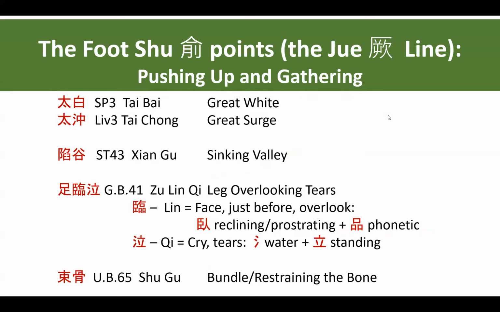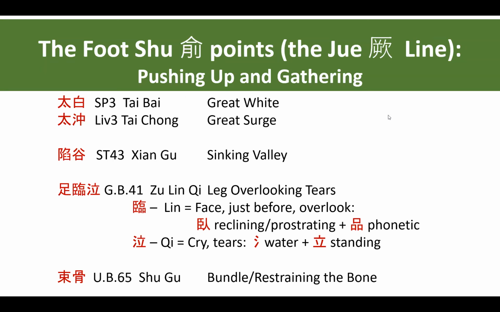Okay, so looking at the feet. We're looking at the shu points, which are on the top of the foot. If you take the same line and go under the foot, to the kidney 1 side, this is an area that some people call the Jue line.